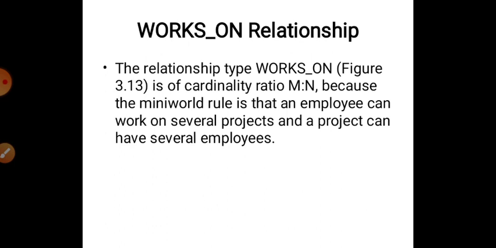Students, this is possible because an employee works on a project as long as his skill is required, so an employee can work on a number of projects. Similarly, for a project, a number of different skilled employees are there, so a project can have a number of employees. So that is many is to many.